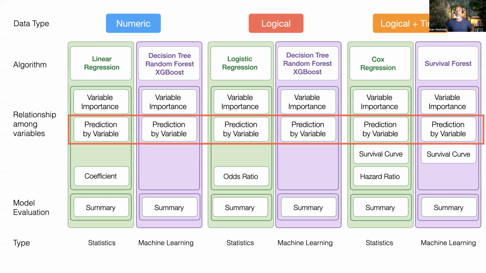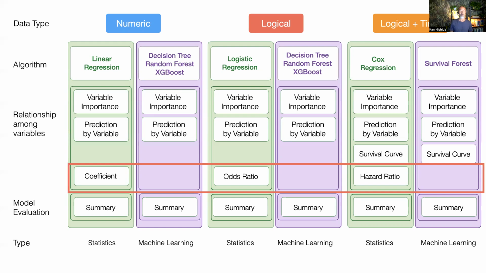The same thing for prediction by variable, wherever you go, you always have this. What is different is here: coefficient, odds ratio, hazard ratio. You find this information when you build the models, and by the way, I'm going to demonstrate this after this. But these coefficient, odds ratio, and hazard ratio exist only in statistical models.